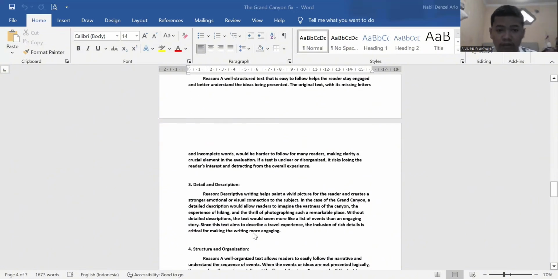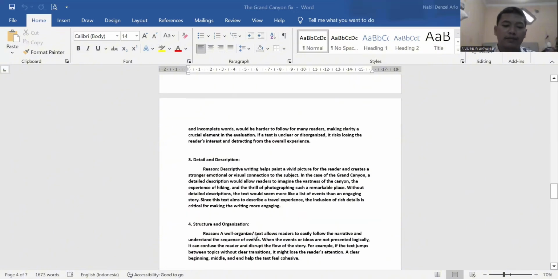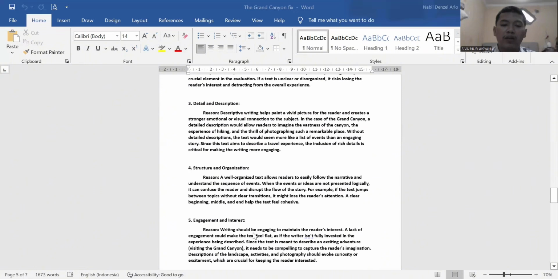For detail, descriptive writing makes it vivid for the reader and creates a strong emotional or visual connection to the subject. For structure and organization, a well-organized text allows readers to easily follow the narrative and sequence of events.